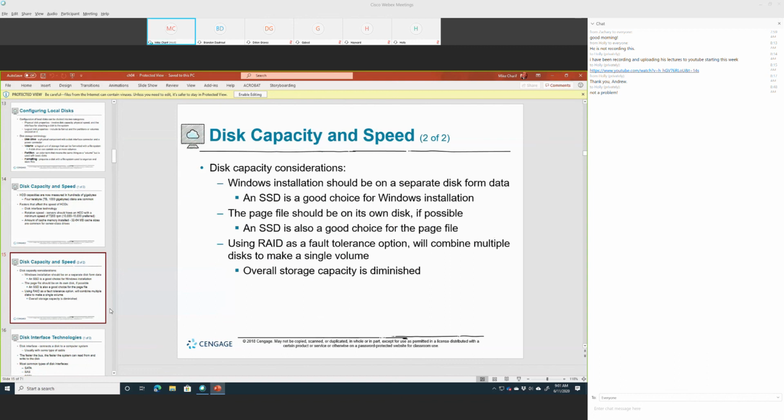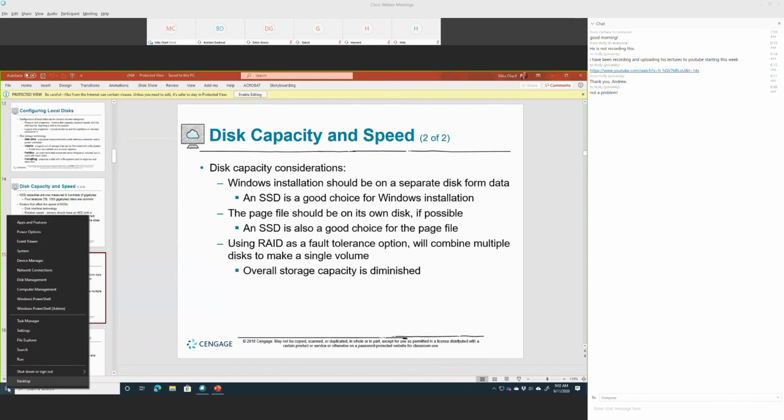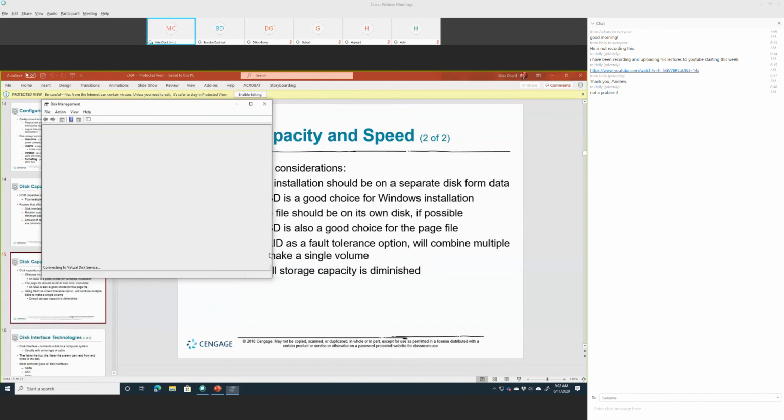We need to change the disk from basic to dynamic. Remember that? Where's my Disk Management? Right here. So if I'm going to combine different drives together, I need to change from basic to dynamic.